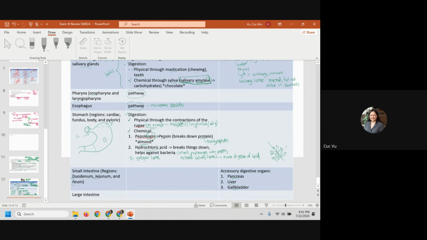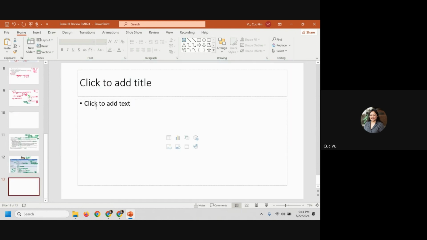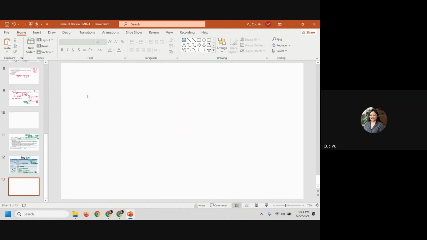Let me add one here. So here's the stomach.